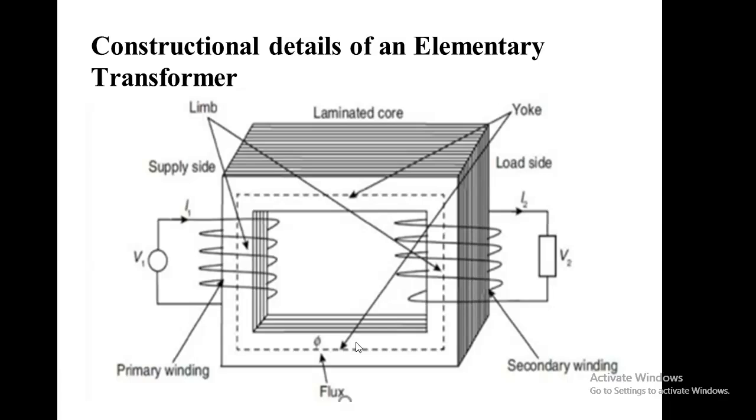Whenever we provide the AC excitation to the primary winding, because of the AC current flowing through it, alternating magnetic flux gets produced across the primary, and some part of this flux gets linked with the secondary, which leads to an induced EMF across the secondary winding. That is the simple operating principle of a transformer.